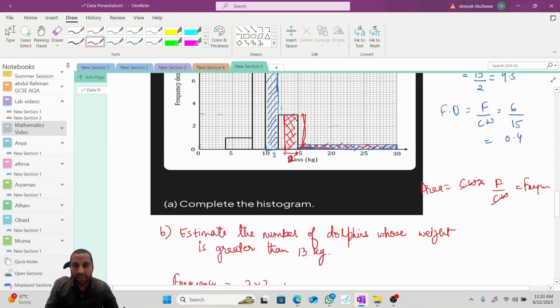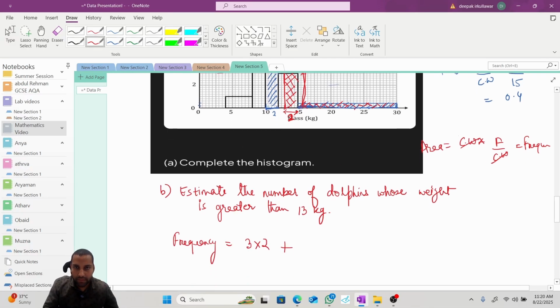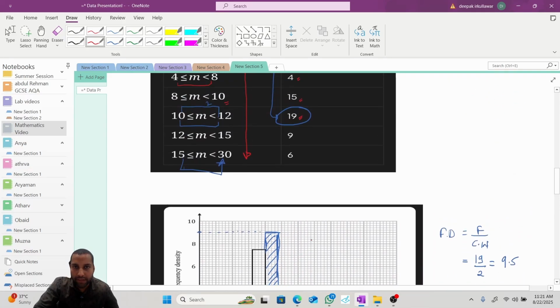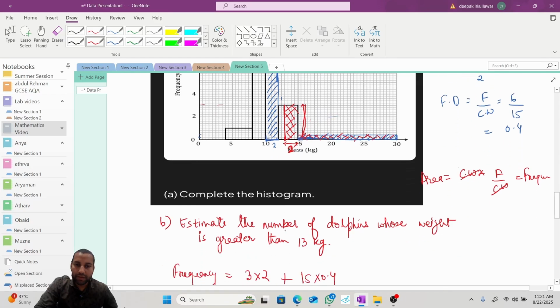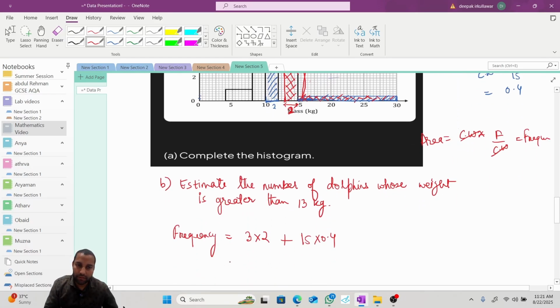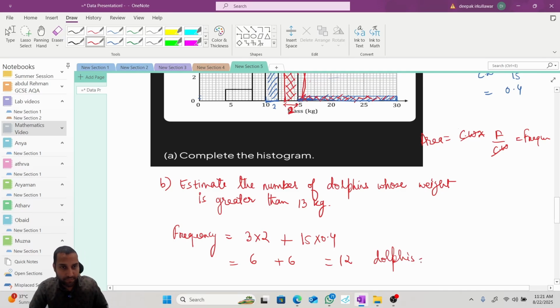You don't need to calculate area, you can do directly 15 times 0.4, or you also know the final rectangle has a frequency of 6, you can directly take it from there. Both ways it will work. 15 times 0.4 is 6, so total 12 dolphins. So total 12 dolphins have a weight more than 13 kg.